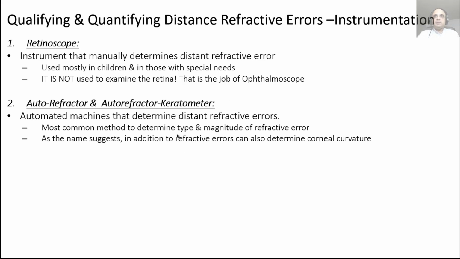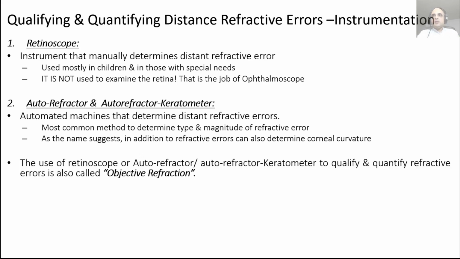So we'll talk more about the keratometric function when we talk about cataract surgery in the next discussion. The use of a retinoscope or these automated machines is also sometimes referred to as objective refraction, because they give you the type and magnitude of refractive error without the patient telling you anything. So they are objectively giving you a refraction, or what lenses to use in order to correct the refractive error.